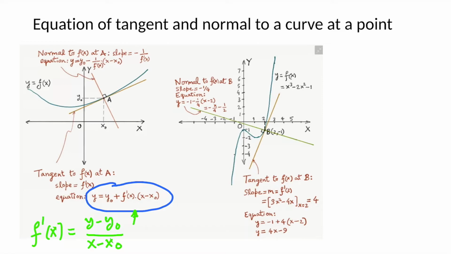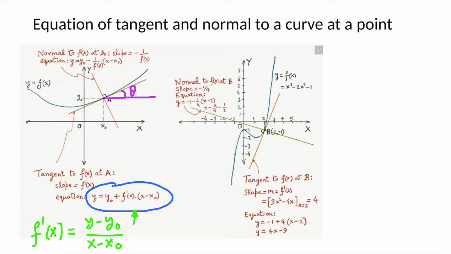You know already that the slope of any line is nothing but the tangent of theta, where theta is the angle that the line makes from the positive x axis direction. That's shown here by theta. So in our case, f prime x is nothing but tan theta here.